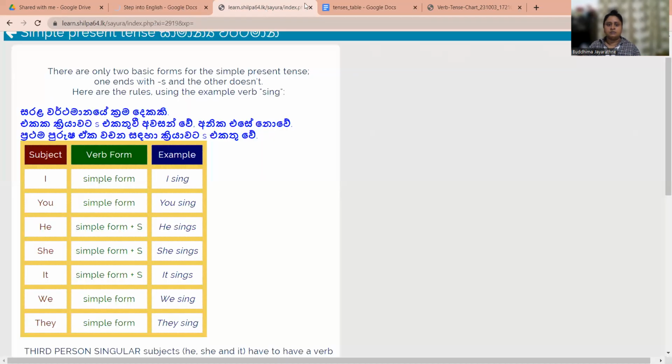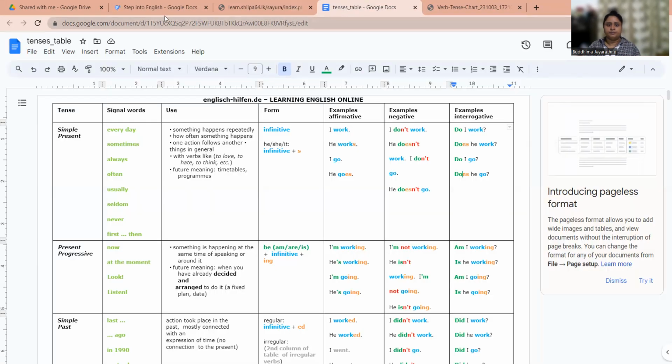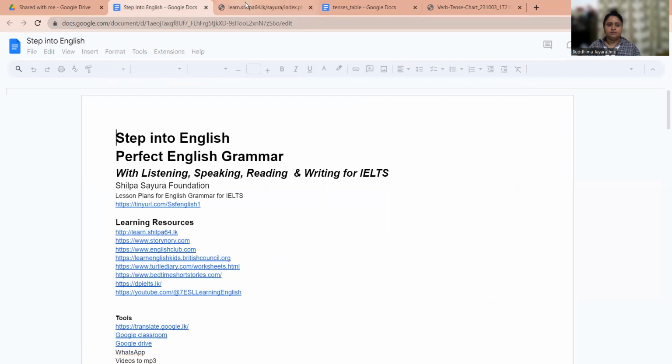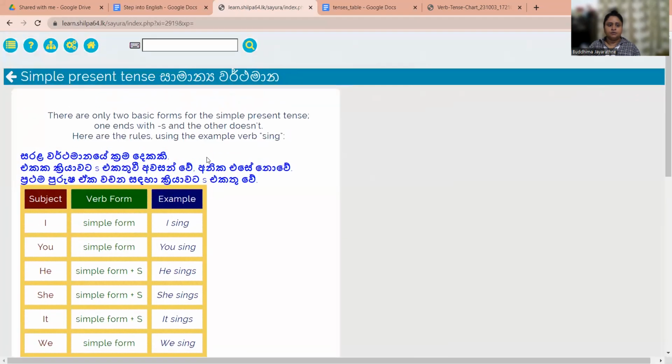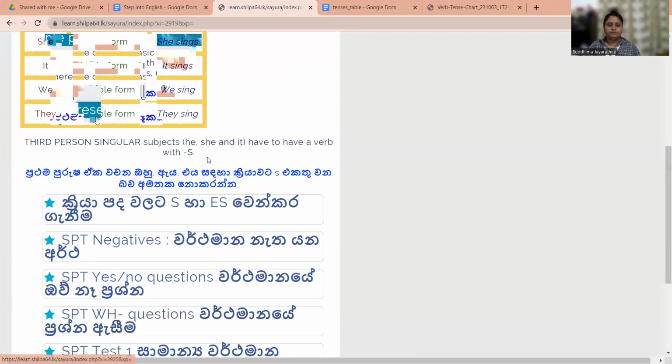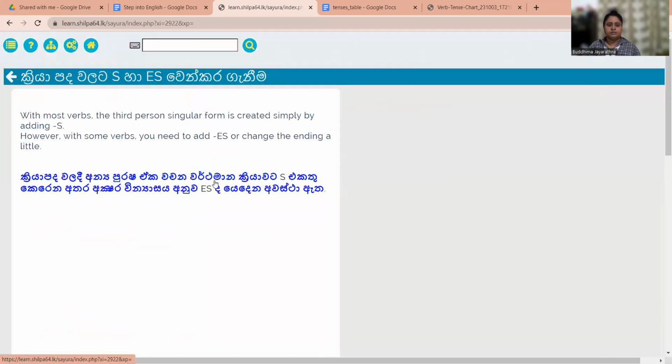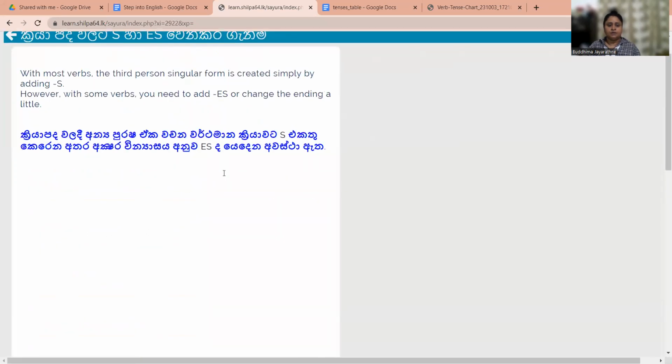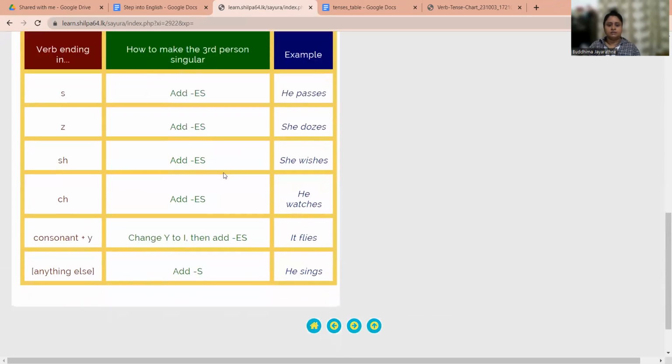So once again, I'm sharing my screen with you. And here you can see how to add ES.